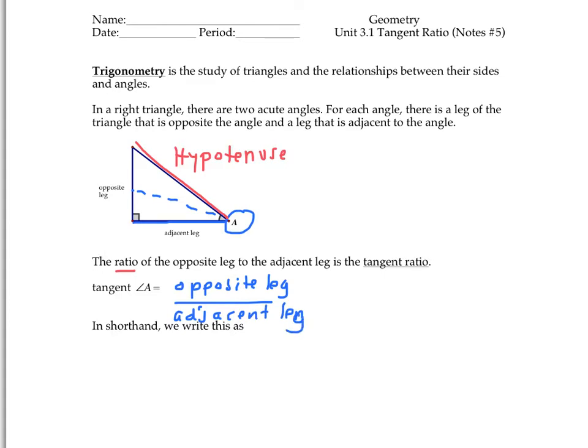Now, in shorthand, we write this as tan, T-A-N, just capital letter A for angle A, equals opposite, O-P-P, over adjacent. And even more shorthand, we can abbreviate this to the letters T and O and A, or TOA. And that's just a quick way to help you remember that tangent is opposite over adjacent.